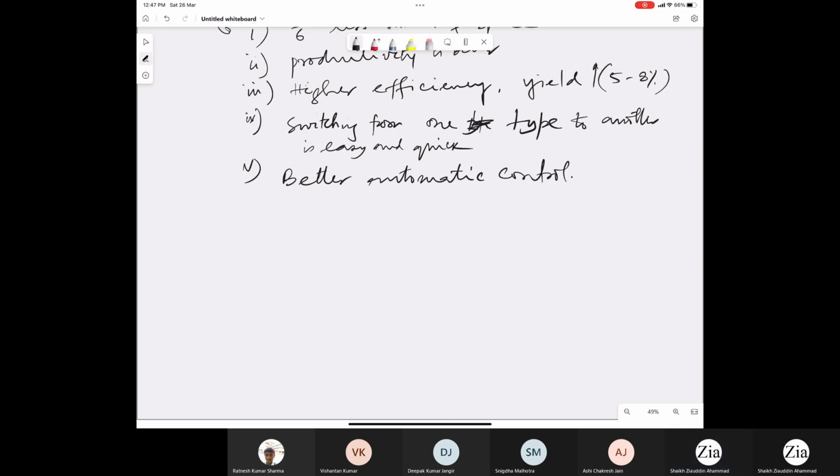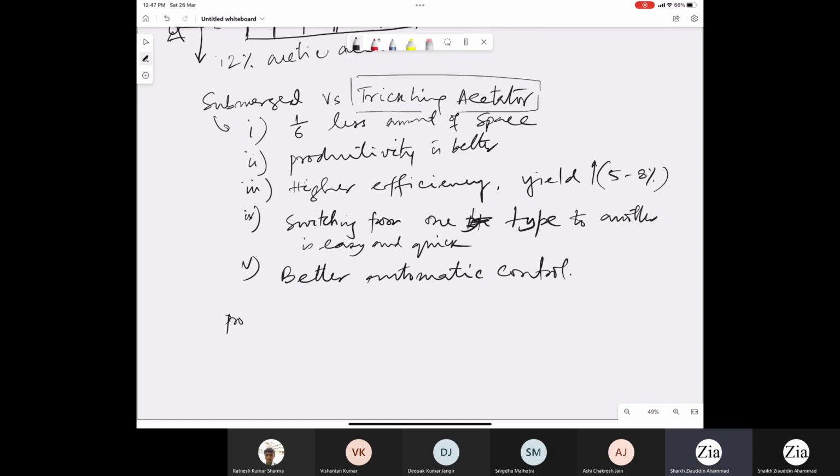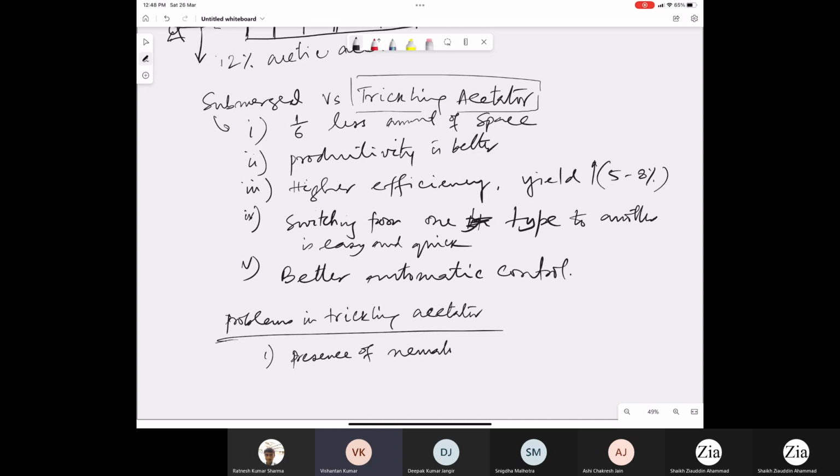So the common problem we see in the trickling filter is the presence of one of the nematodes. The name of the nematode is Anguillula aceti.